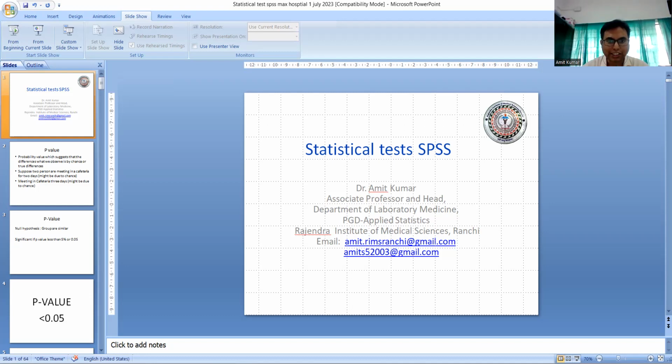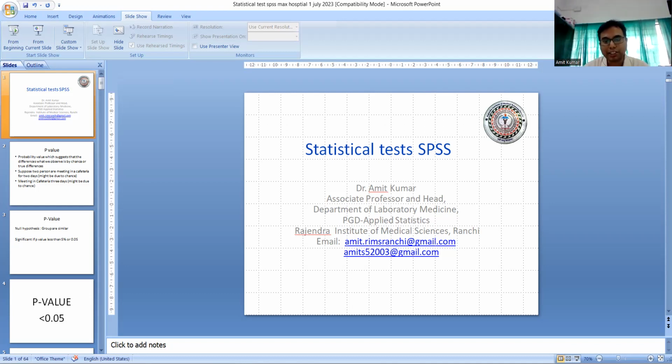Let us take an example, to make it simpler. Suppose two persons meet in a cafeteria for 2 consecutive days; it can be due to chance. Maybe even 3 days, it may be due to chance. But if two persons meet in the cafeteria for 10 regular days, then it is not happening by chance.